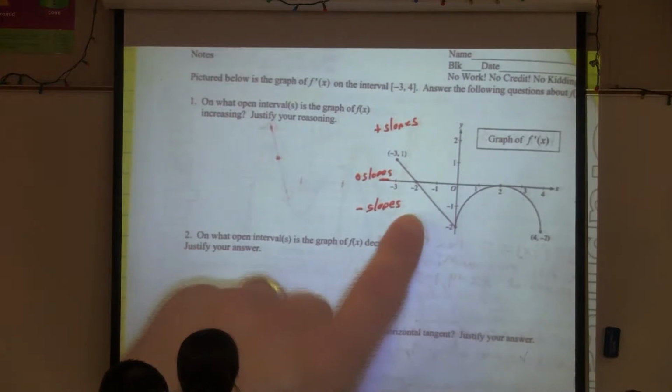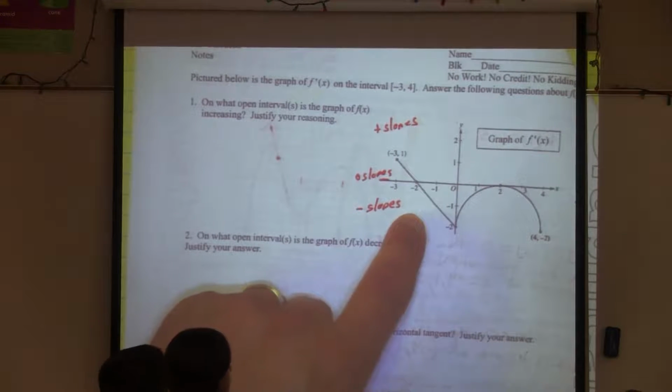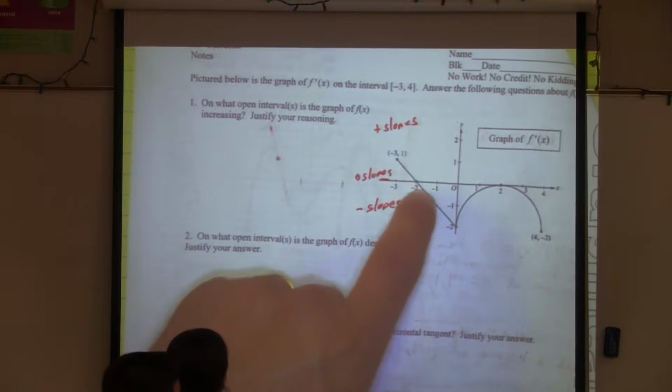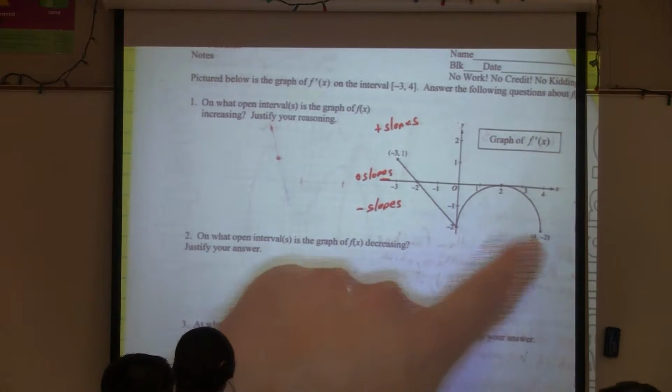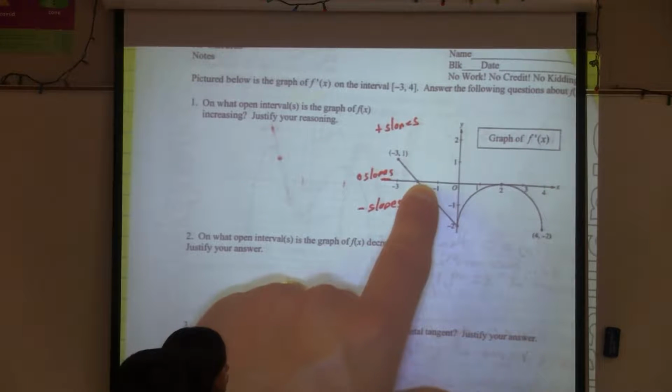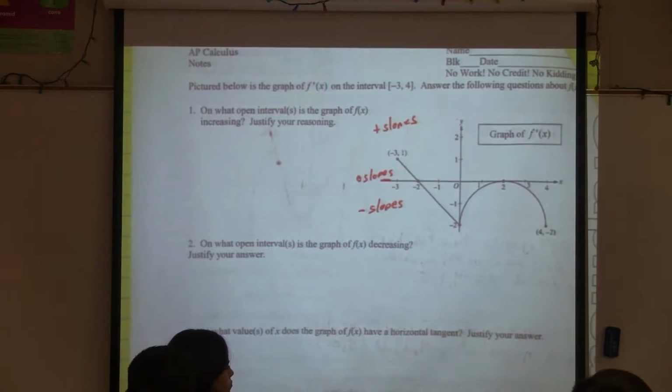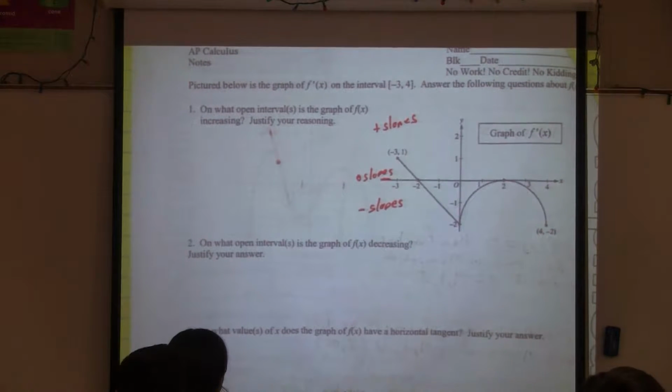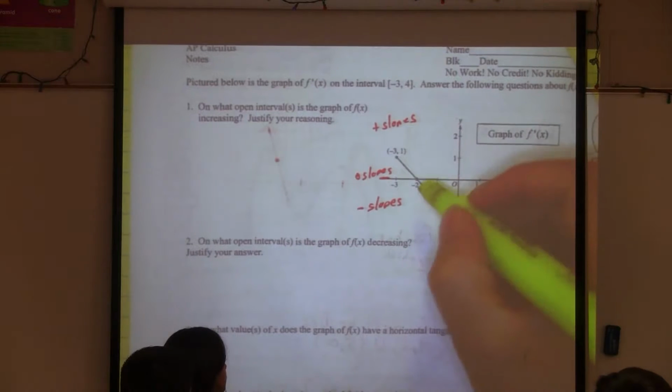When the graph is down here, the original graph is decreasing because these are all negative slopes, right? Now what happens when it's equal to 0? Is it increasing or decreasing? Neither, right? That's probably going to be where there is a maximum or a minimum.